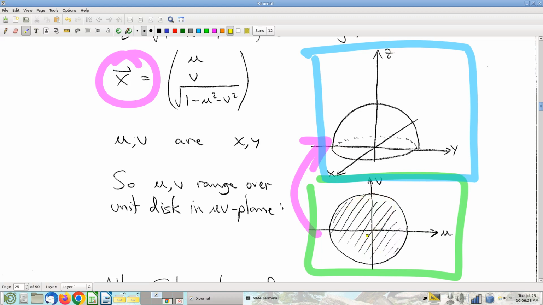Because the range of values of u and v is exactly the same as the range of values of x and y, because u and v are x and y. This is the big trick. If you want to know what u and v are doing, ask yourself, what are x and y doing?